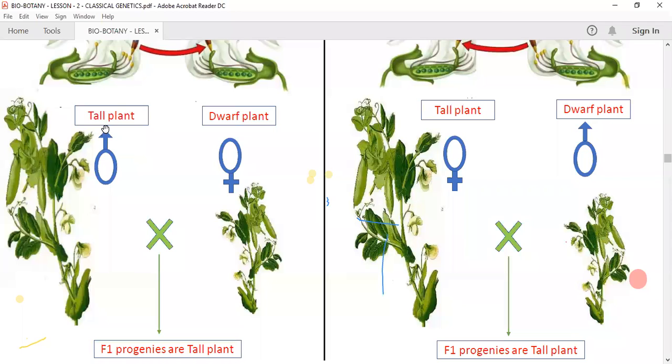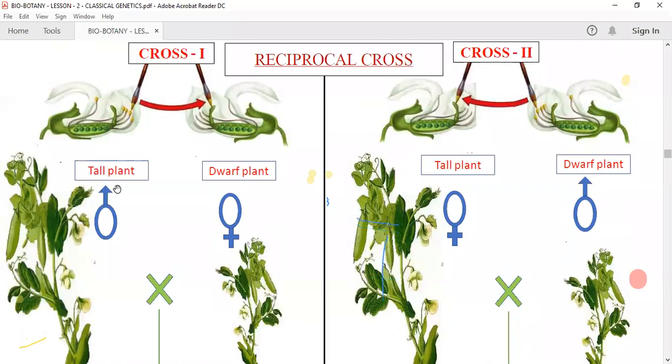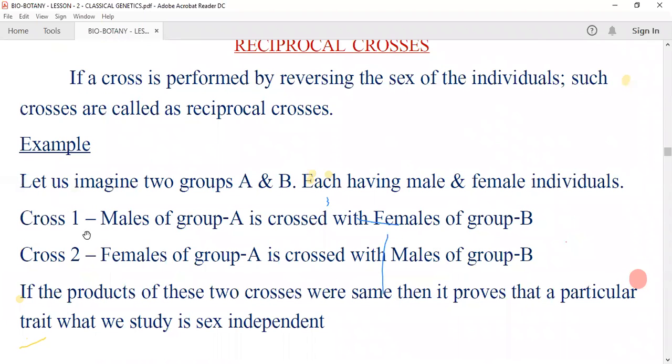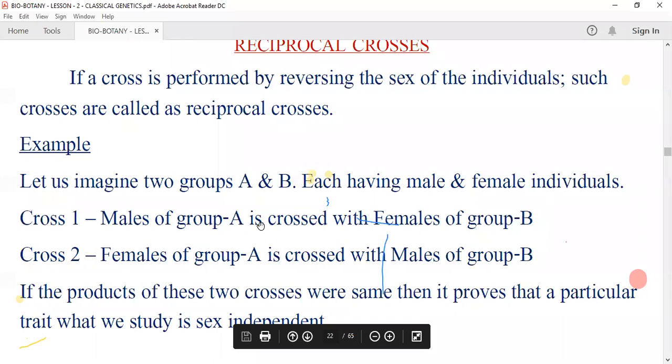The dominant or recessive characters are not determined by the sexes. So this is an individual character of an organism. The individual character of an organism is not determined by the sex. So you can easily understand this by the cross. That is only given here. The example, cross 1 male, you already know.